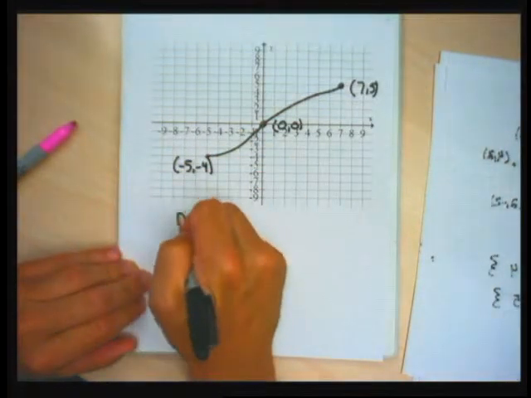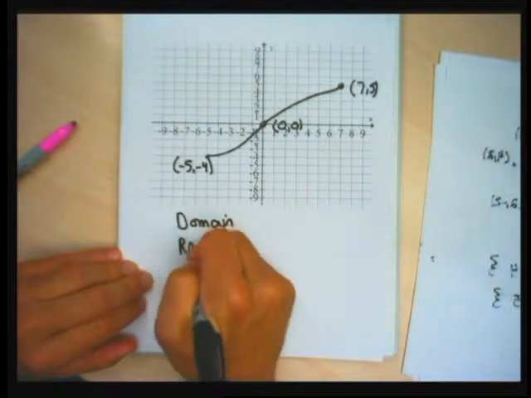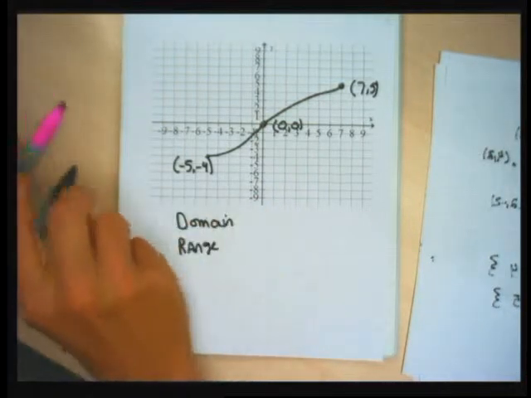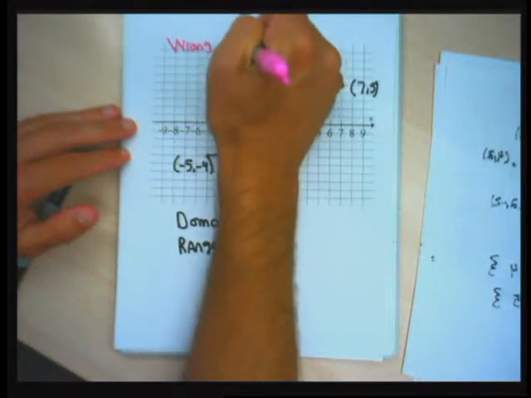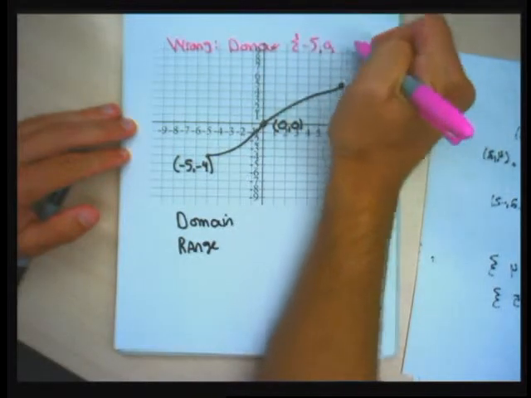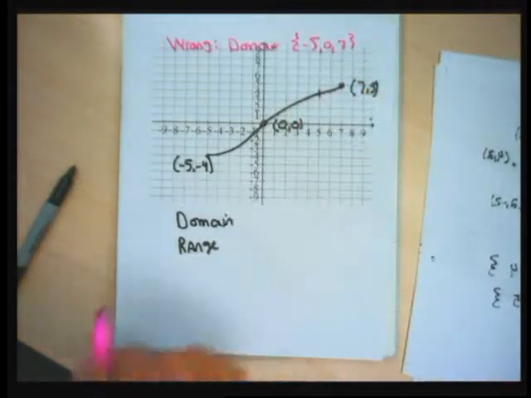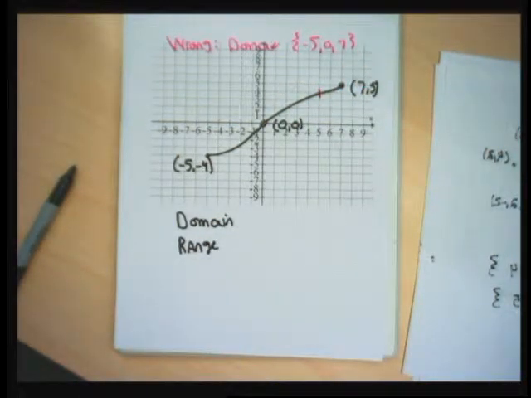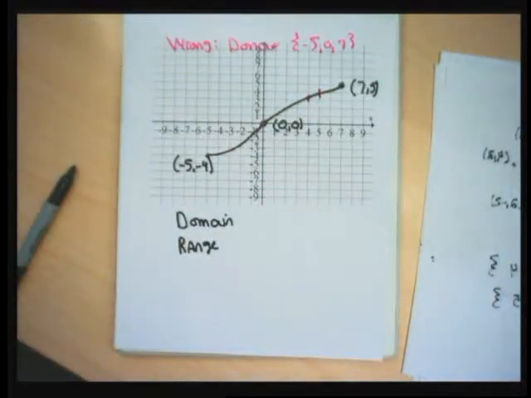So when I go to do this made-up problem that's not in the handout, it would be wrong to say the domain is -5, 0, and 7, because the points are connected. There's more points than I've shown. For instance, here's the point right there that has an x of 5. Number 5 would need to be part of the domain. Here's a point that has an x of 4. 4 would have to be part of the domain.